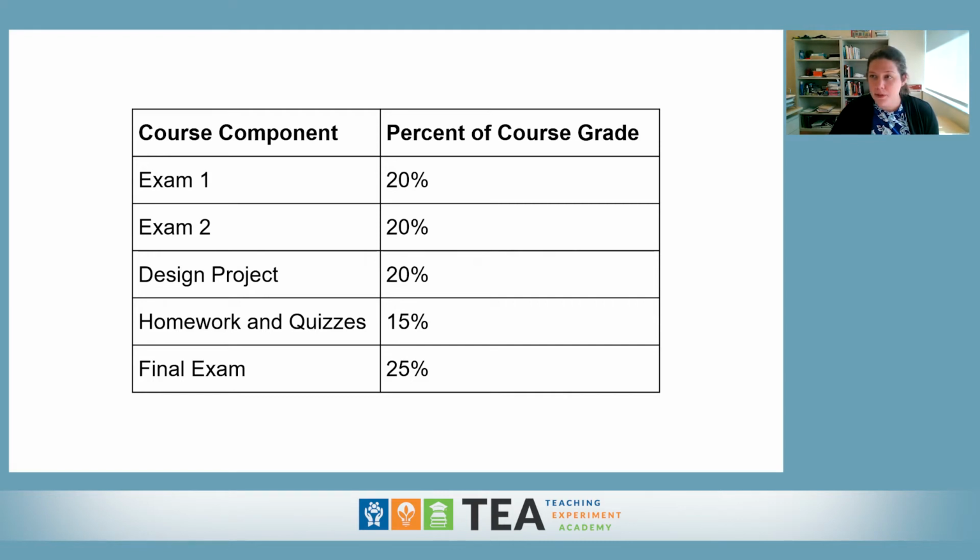And this is pretty typical of what I used in a lot of classes before specs grading, or that I'd see colleagues using. So we had some exams, there was some homework and quizzes, and then this class had a team project. So I taught it once with a traditional kind of grading.